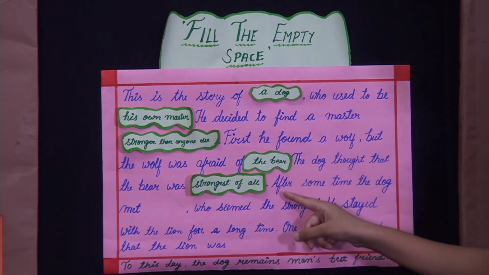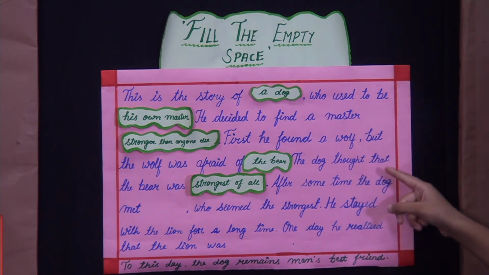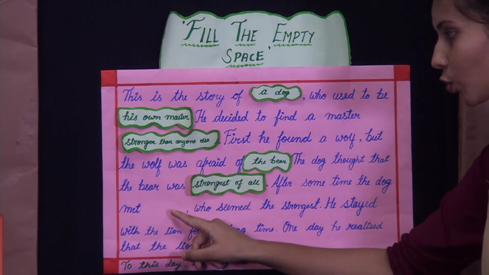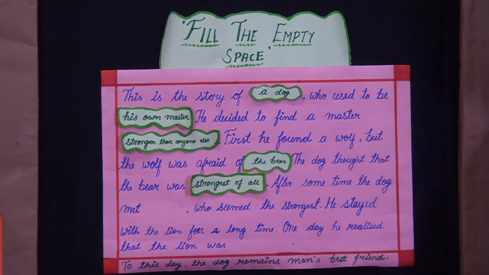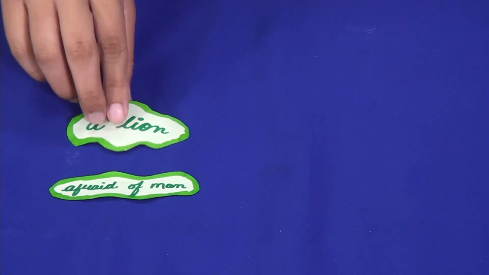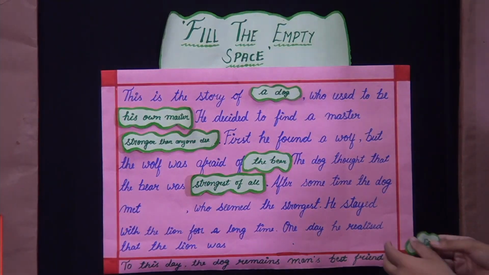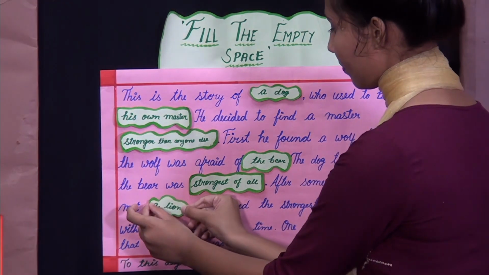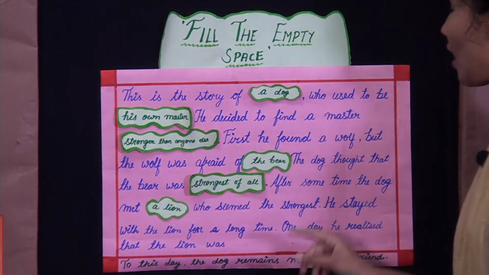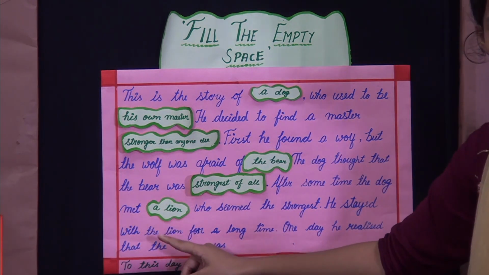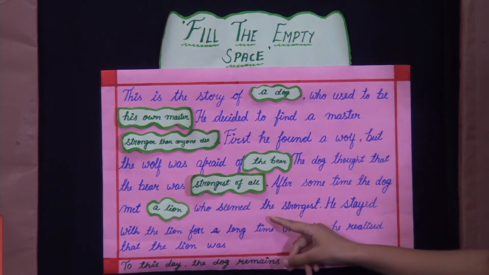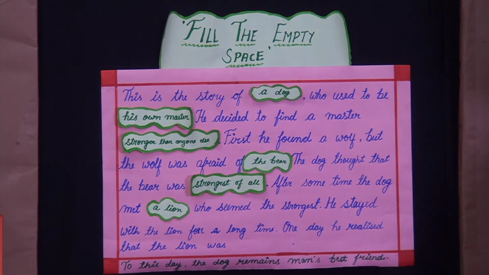Next, after some time, the dog met space, who seemed the strongest. Now again, choose from these two. Yes, a lion. After some time, the dog met a lion, who seemed the strongest.